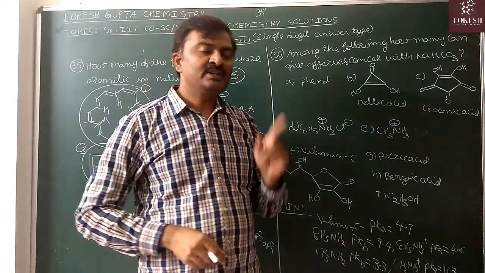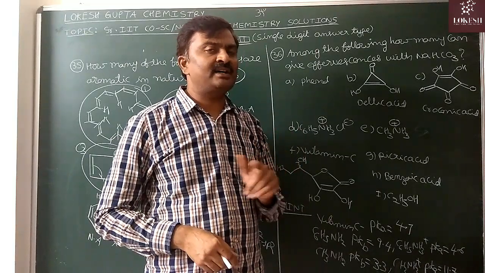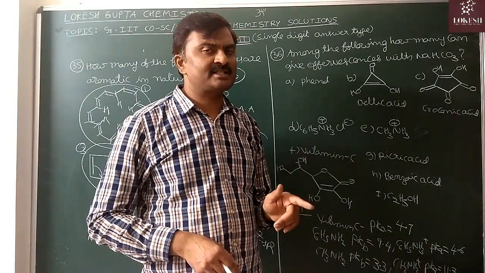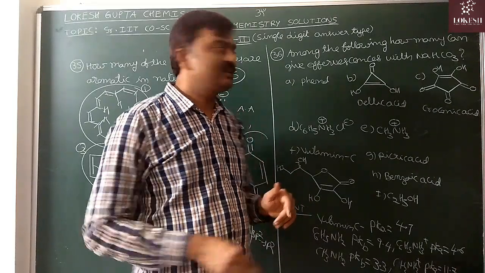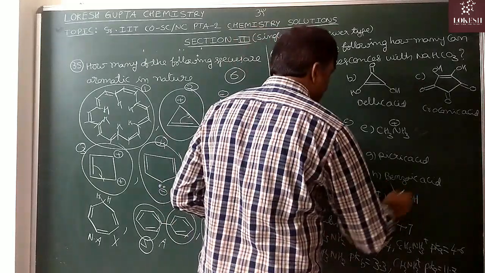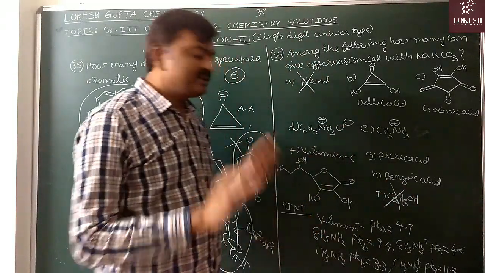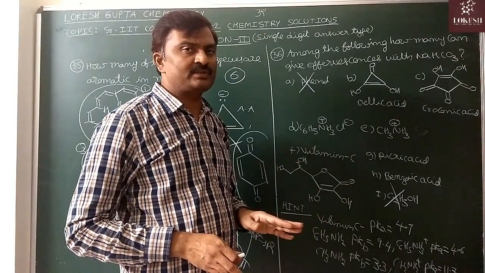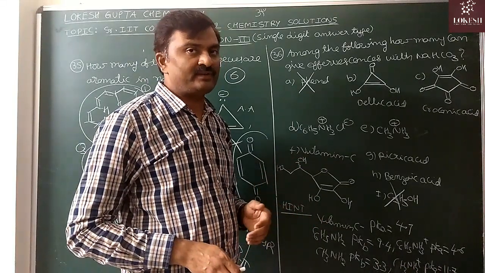See, phenol is more acidic than water and alcohol, but still less acidic than carbonic acid. Phenol, next, ethyl alcohol. These two are less acidic than carbonic acid H2CO3. So these cannot give effervescence.